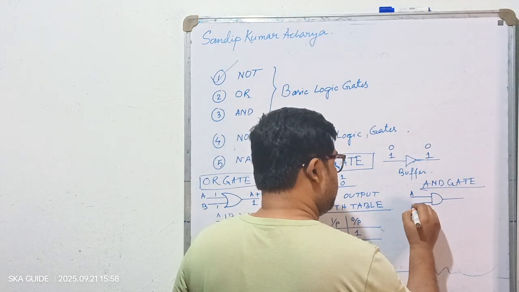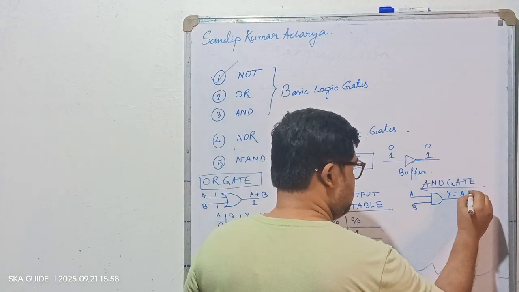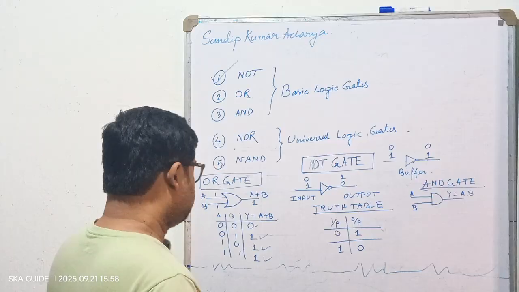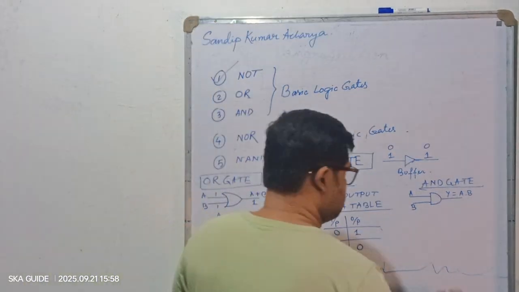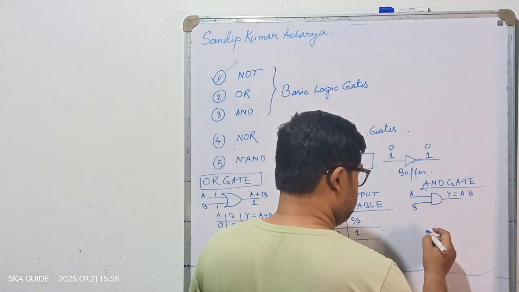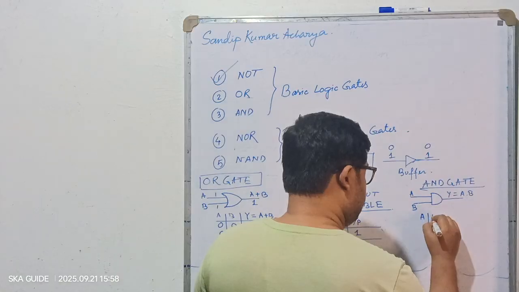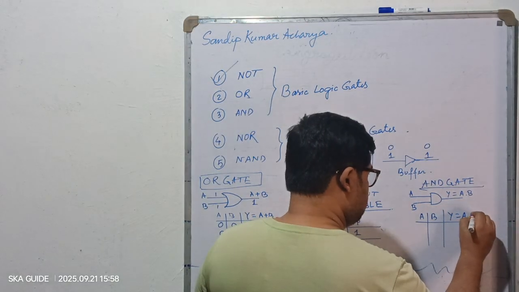So A and B, two inputs are there. Y equals A into B here. So it is multiplying A and B basically. So Boolean multiplication is also here. So the truth table for AND gate has A and B, and again we have Y equals A into B.